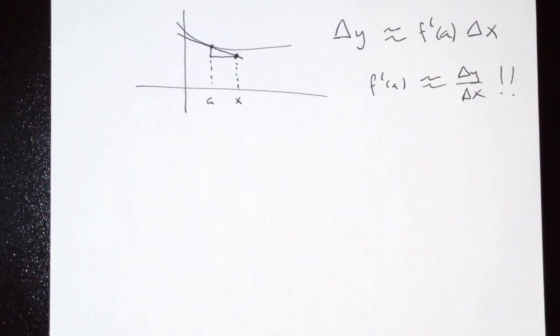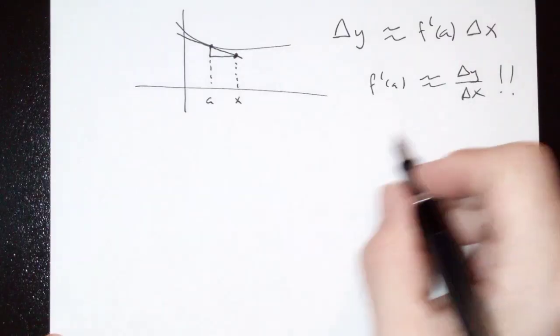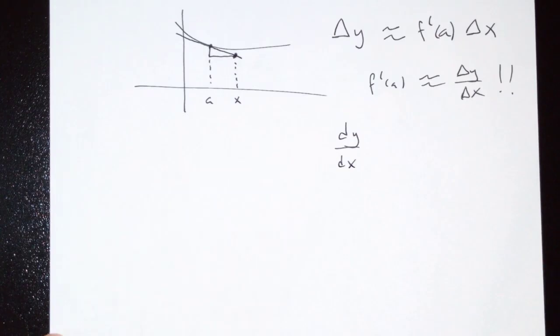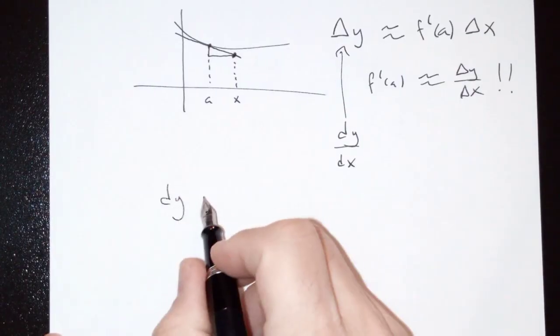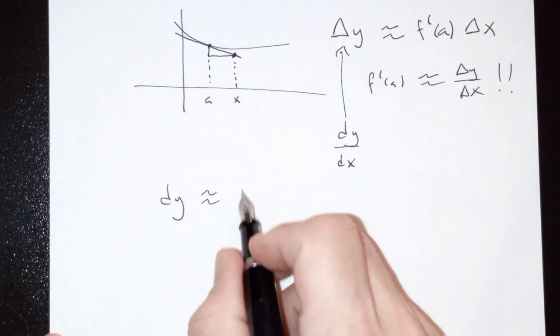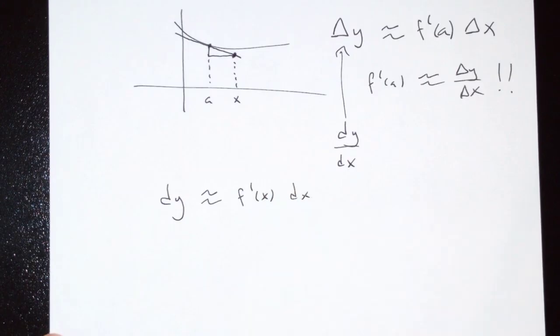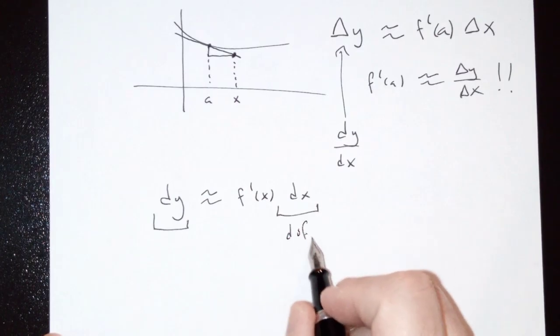I want to stick with that idea. I'm going to call this, instead of delta Y and delta X, I'm going to use my derivative notation, dy, dx, right? If I use that up here, then I get dy is approximately equal to f prime of x dx. We're going to call these two pieces differentials.